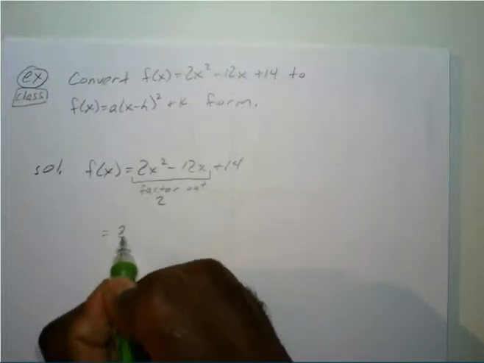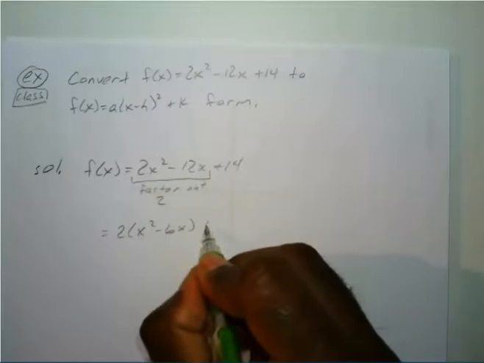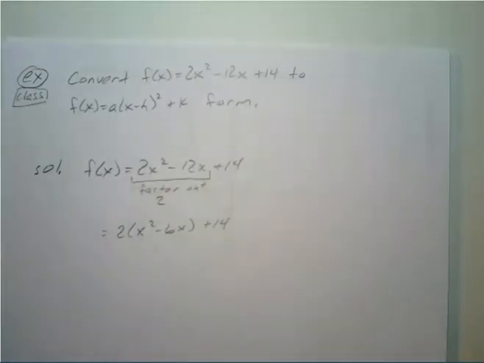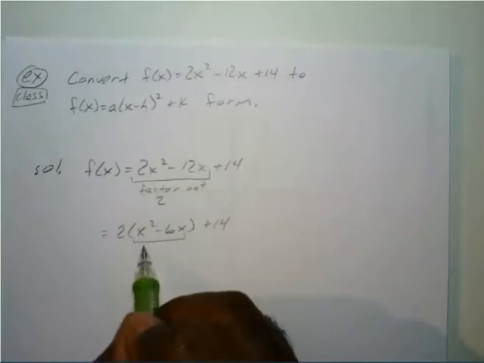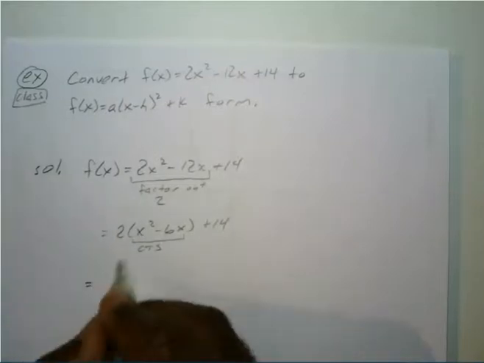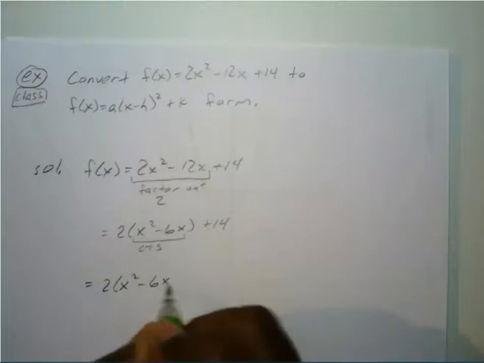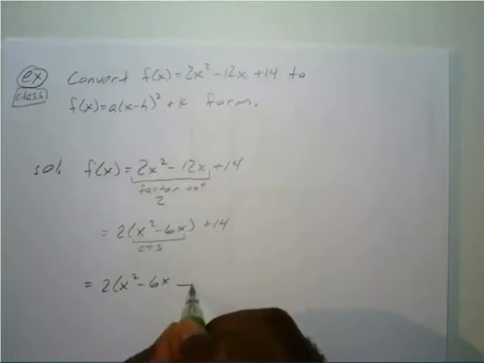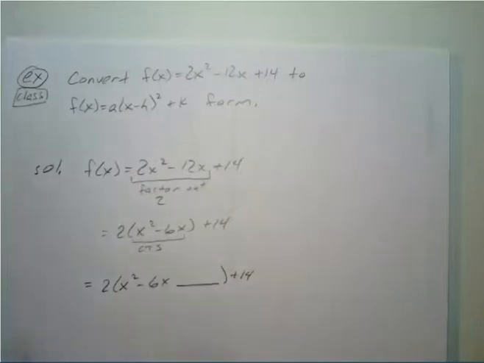So that's going to equal 2 times x squared minus 6x plus 14. And inside the parentheses, we complete the square. Okay, so we're going to go ahead and rewrite that. So it's 2 times x squared minus 6x, and we're going to leave a space available here, plus 14.